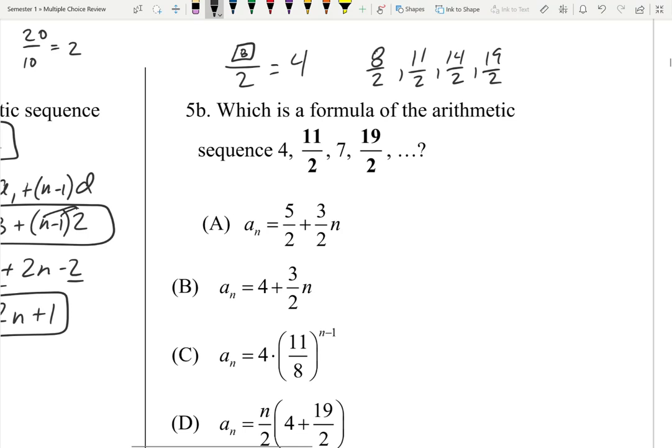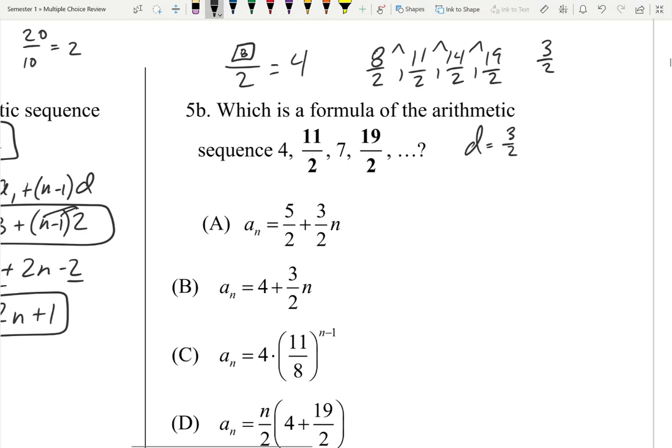And now it's pretty easy to see that from one term to the next, we're adding 3 to our numerator. So now be careful, because our common difference isn't 3, it's actually 3 halves, because our denominator is 2. So our common difference here is 3 halves.